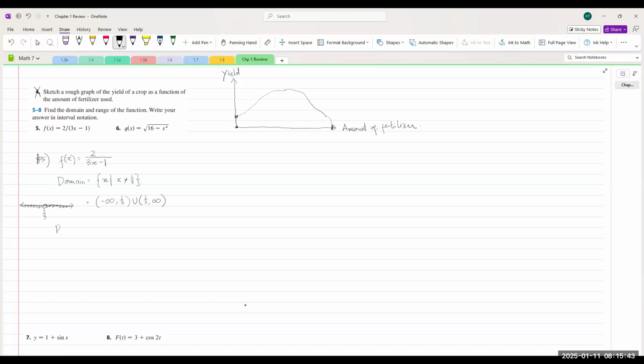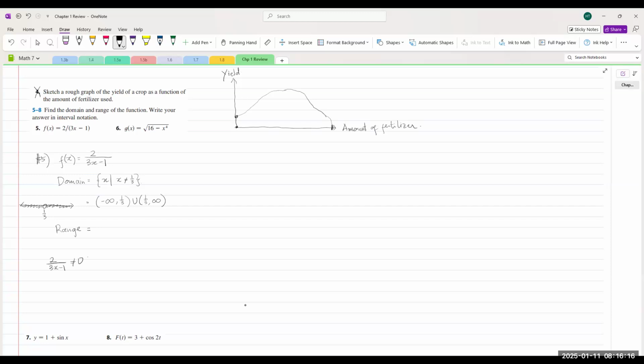How about the range? As we can see from that function, the proper way to find a range is to rewrite that into the inverse. That's actually the proper way to do it. But if you happen to remember the graph from pre-calculus, notice that 2 over 3x minus 1 cannot be 0, right?